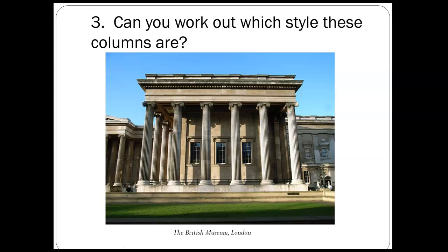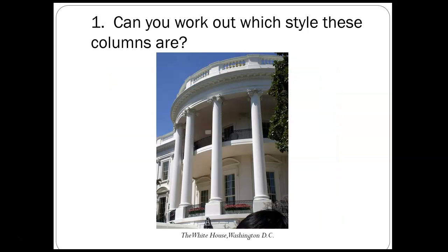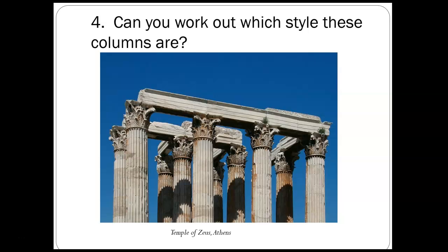The British Museum in London, so this is the faraway picture of what we just looked at before. And you should definitely see the scrolls and be thinking Ionic. This is the Temple of Zeus in Athens, and Corinthian. Go back to this one again. Yep, so we didn't put any Doric in this one, but those would be plain with just that circular with a little tiny square on top.